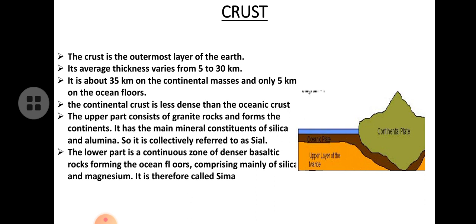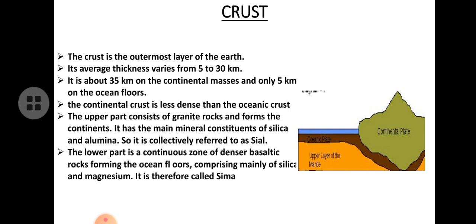But below the sea water, the crust will be thinner, not very thick. If you dig the ground from the sea bed, the crust will be only about 5 kilometers deep. So the average thickness of our crust differs from 5 kilometers to 30 kilometers.